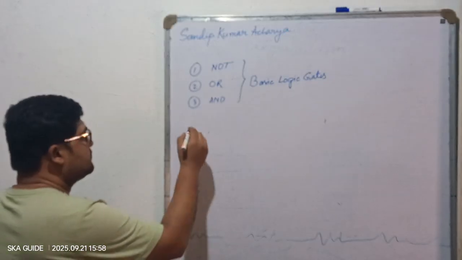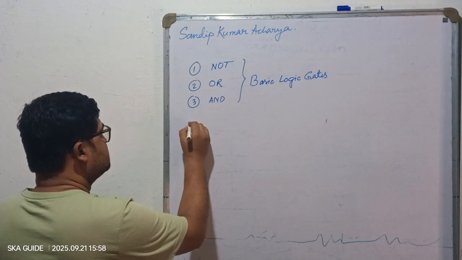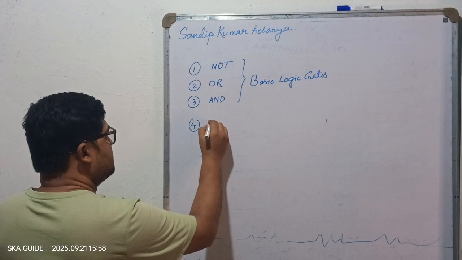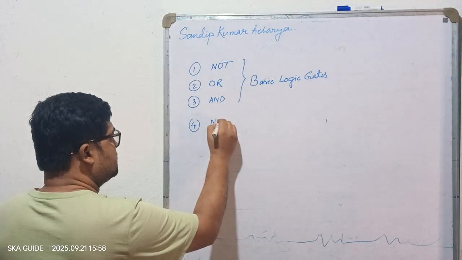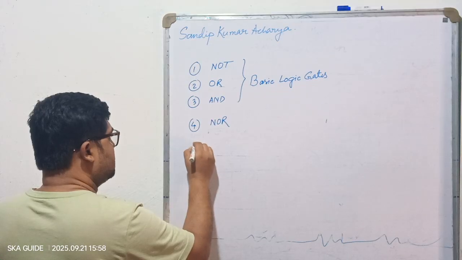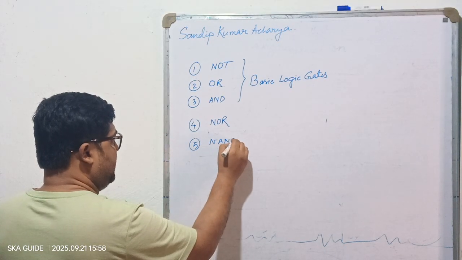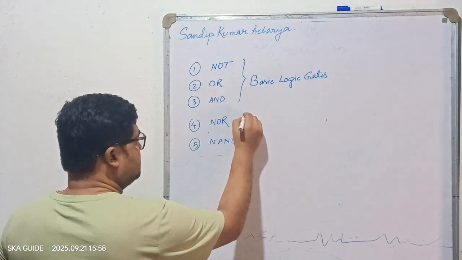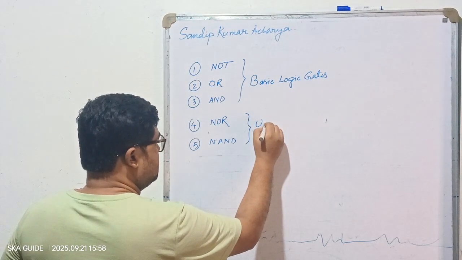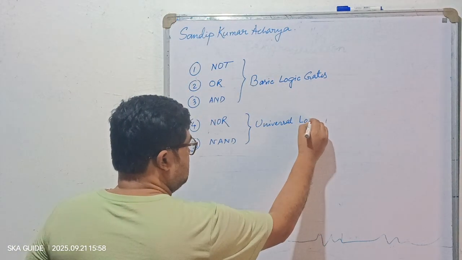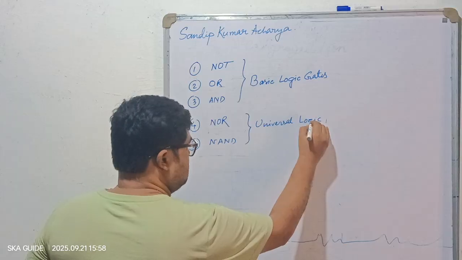Then we have NOR gate and NAND gate. These two are called universal logic gates.